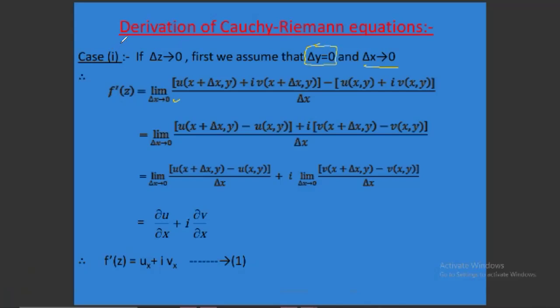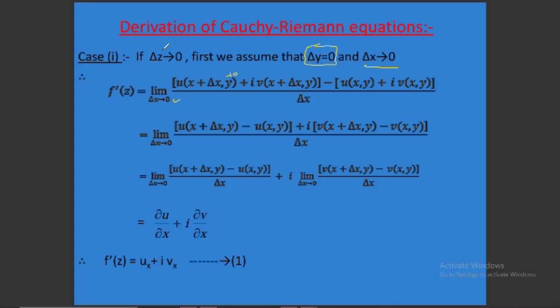So u of x plus del x comma y plus 0, plus iv of x plus del x comma y plus 0, minus u of x comma y plus i into v of x comma y, the whole divided by del x plus i into 0.